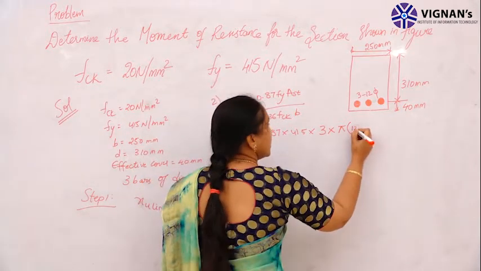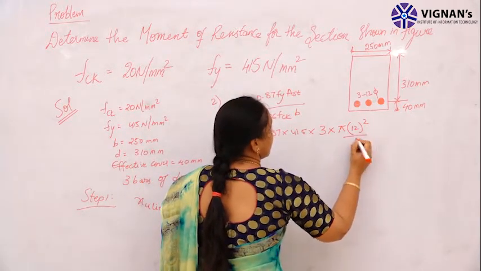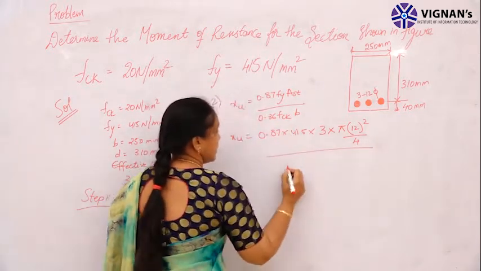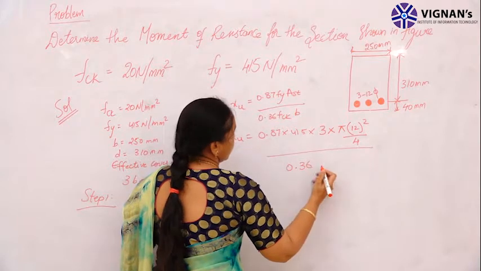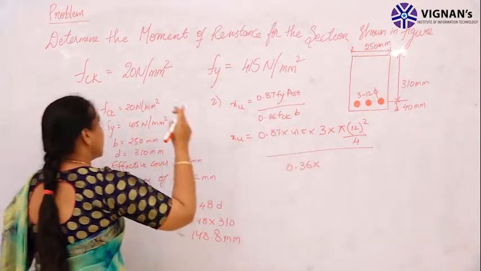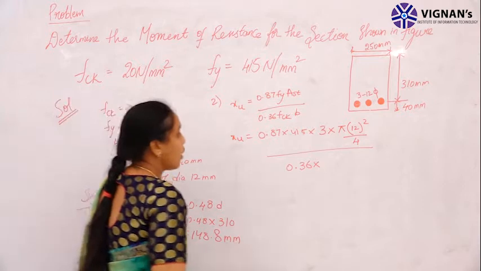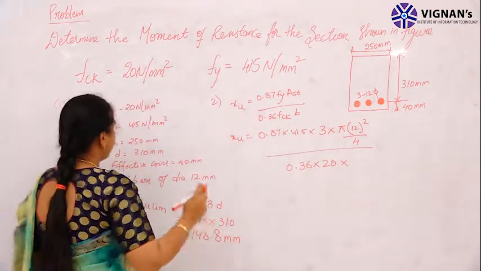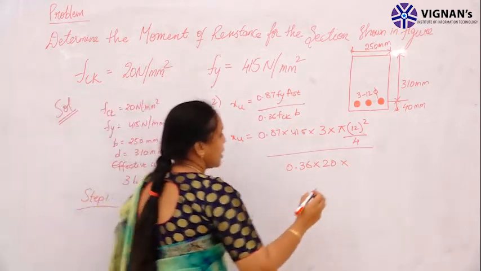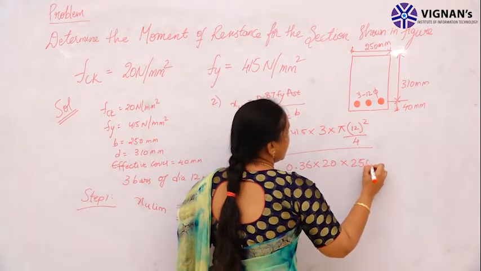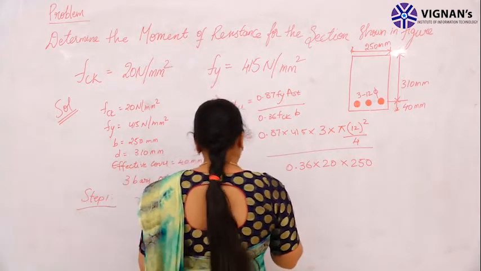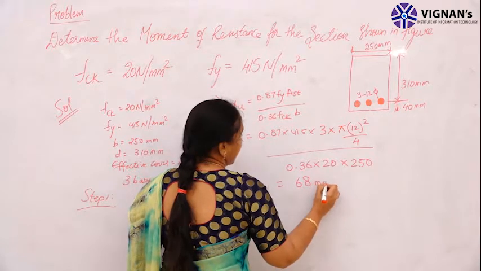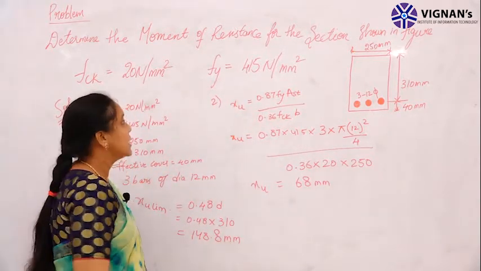The diameter of the bar is 12, pi d square by 4, whole divided by 0.36 fck. fck is nothing but the grade of the concrete, which is 20, and b is the breadth, which is 250. So if you solve this, you will get a value of xu as 68 mm. So this is the second step.